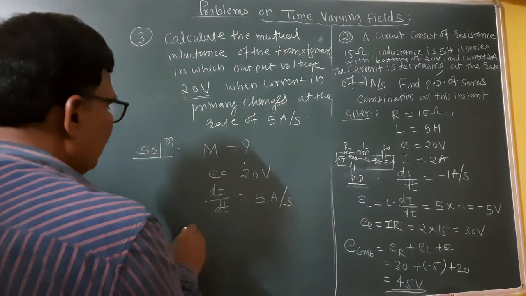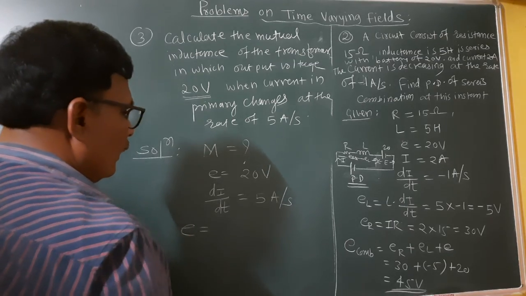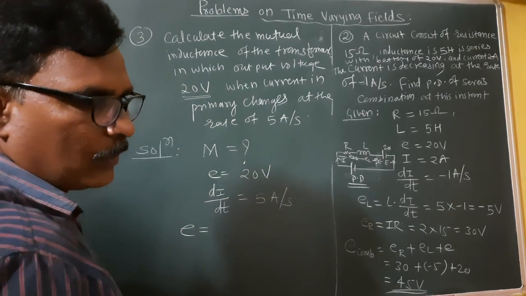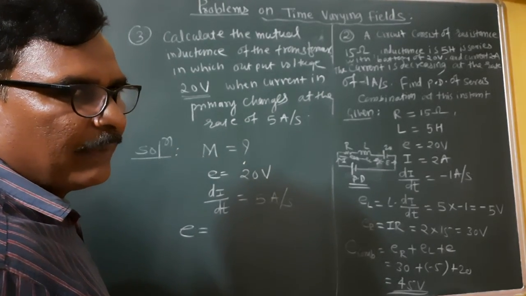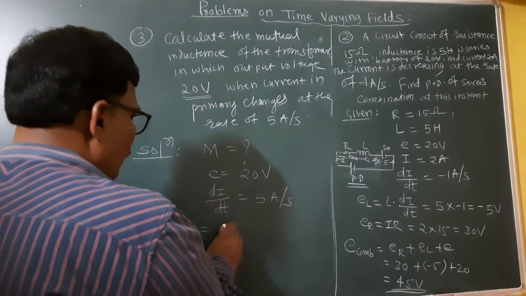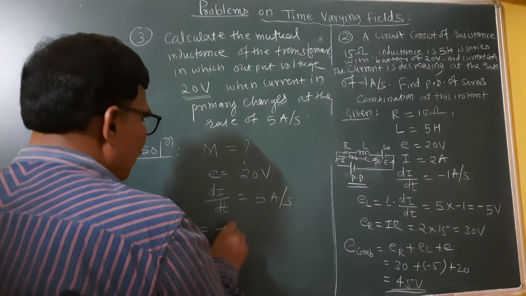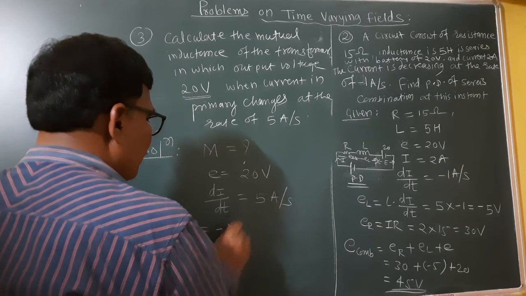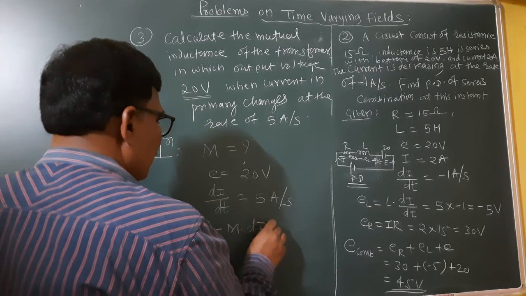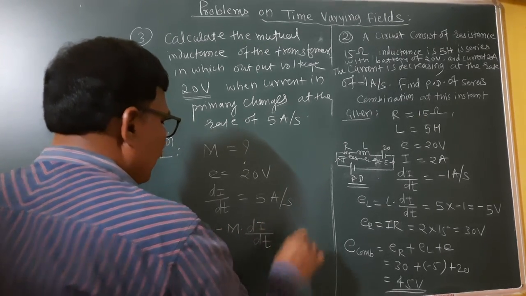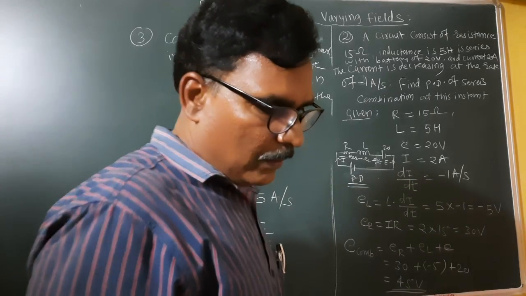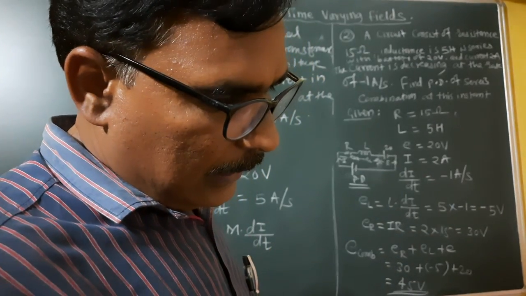What is the formula? E is equal to minus d phi by dt, where phi is M into I. So this is minus M into di by dt, where M is the mutual inductance.